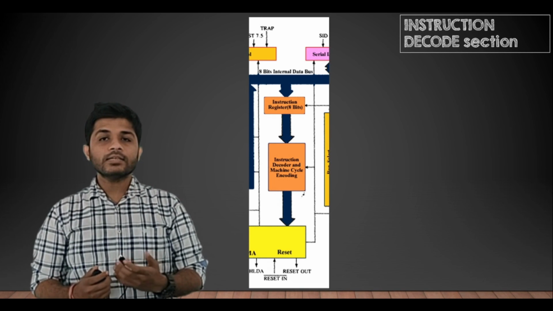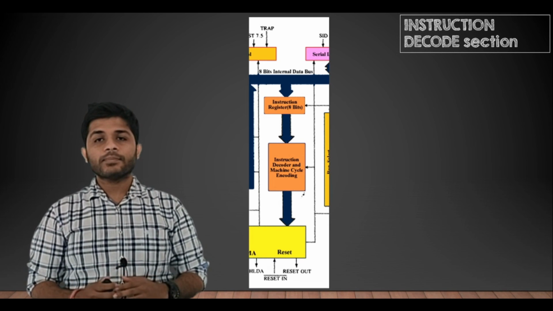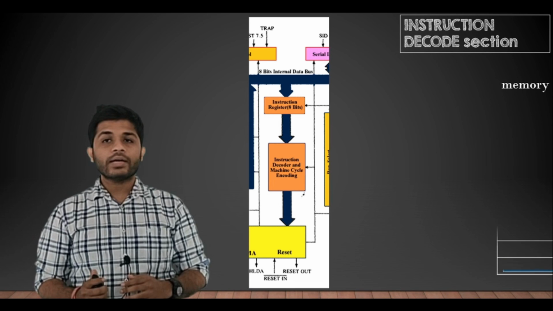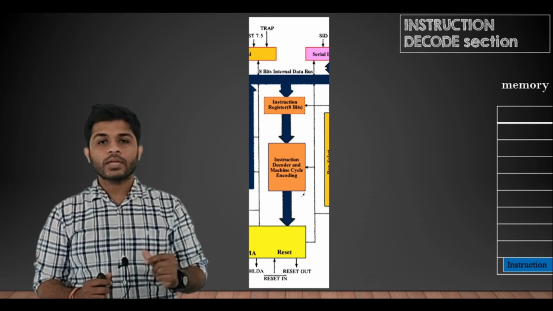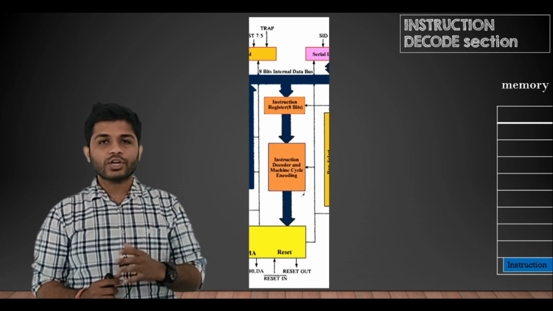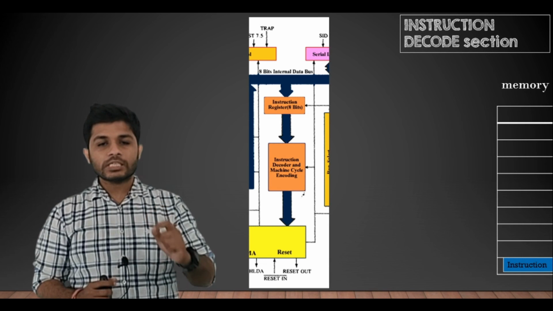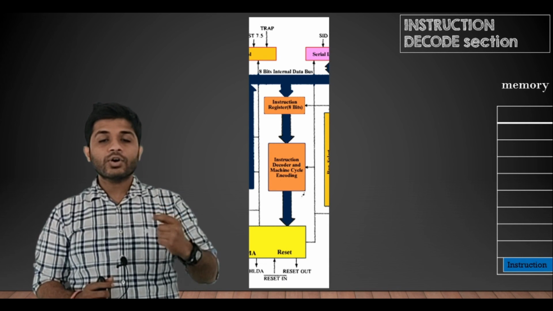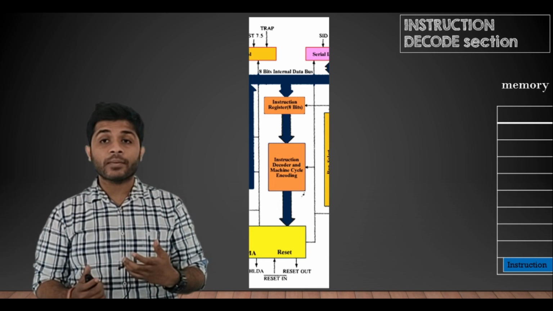Now to understand the function of these blocks, let's see one example. There is a memory, and in the memory one instruction is stored. Now you know the basic function of the microprocessor, right? When you start the microprocessor, it will fetch, decode and execute each and every instruction one by one.